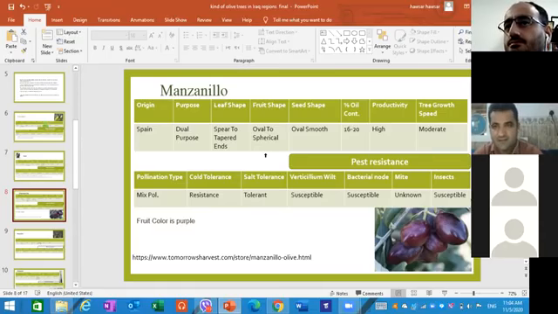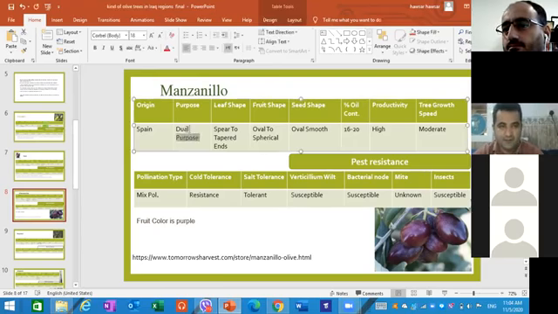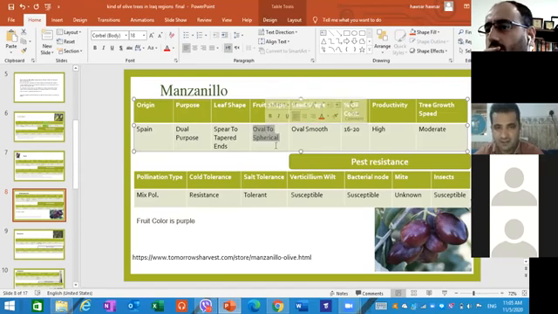I think originally it's from Spain, and we use it for double purpose. The leaf shape is spear, and the fruit shape is oval to spherical, and the seed shape is oval, smooth, and the oil content is between 16 to 20.